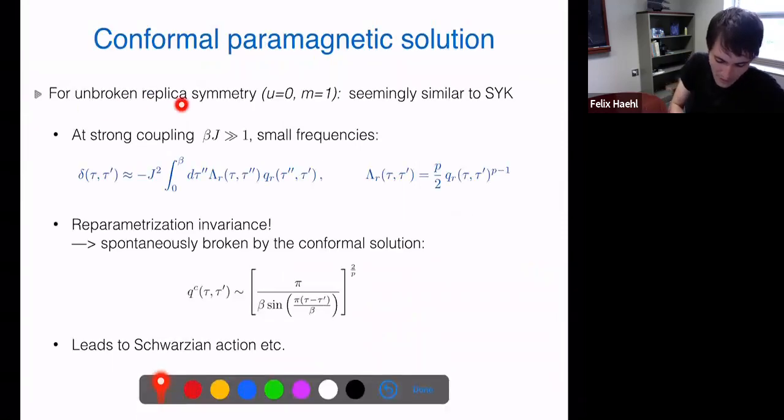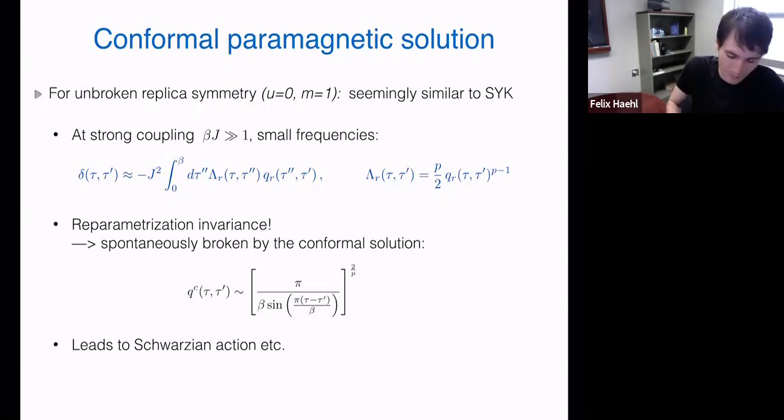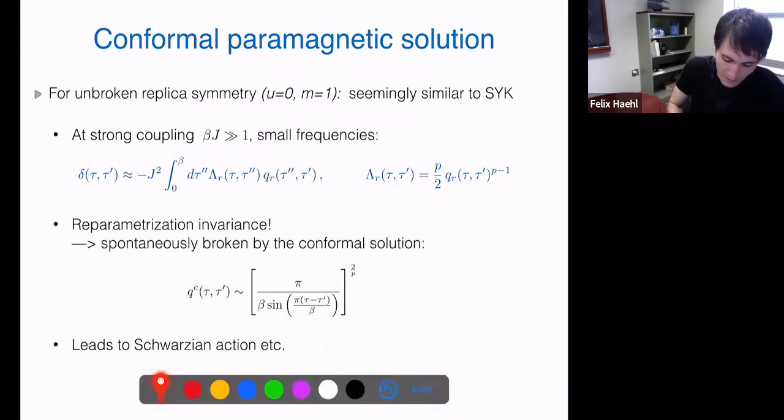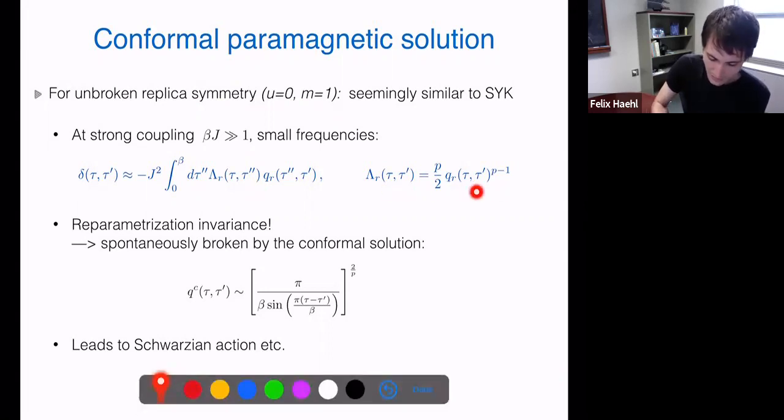In this case with unbroken replica symmetry, many things are mathematically quite similar to SYK. For instance, if you consider this large beta j limit, the equation of motion becomes this expression, which might be familiar to some of you, where lambda here is the self-energy. It's called sigma in SYK.